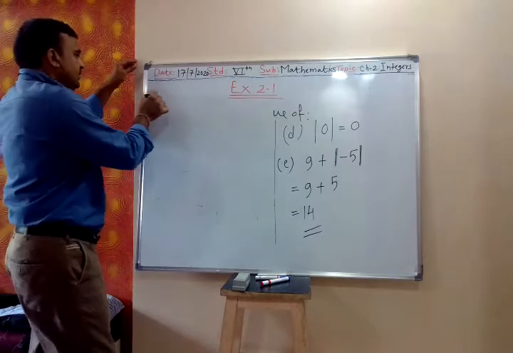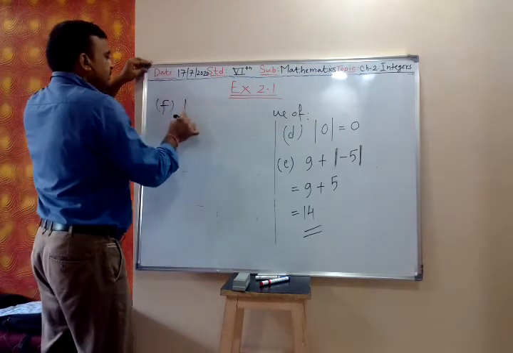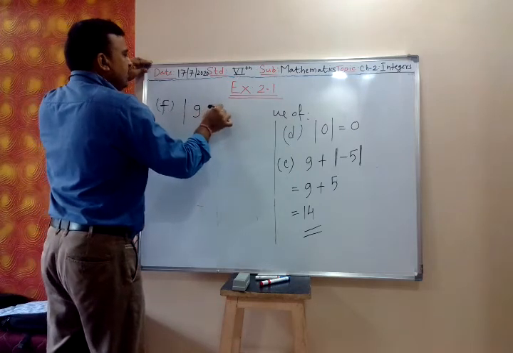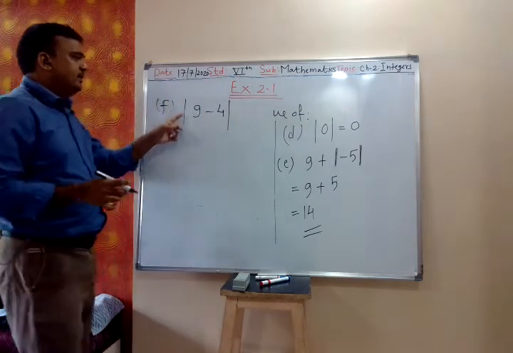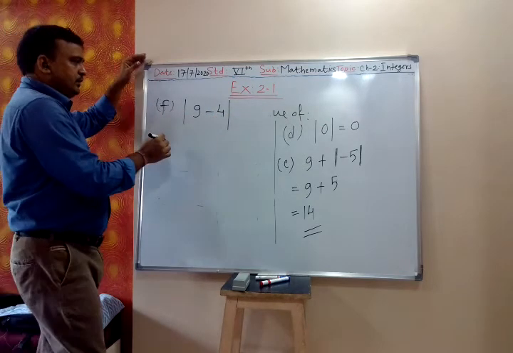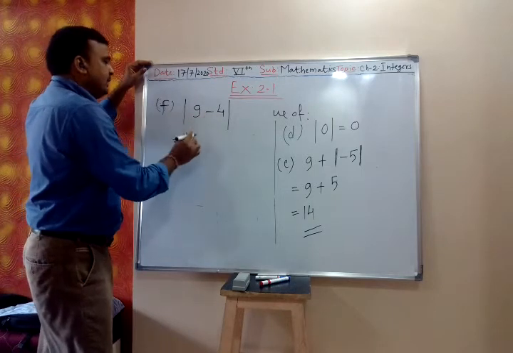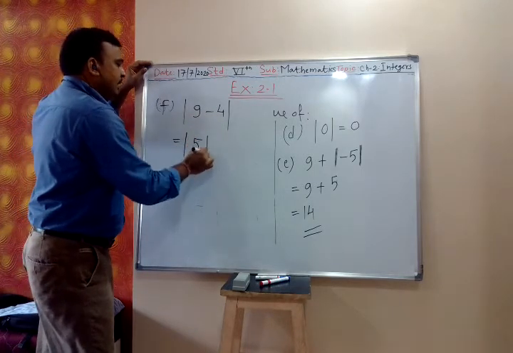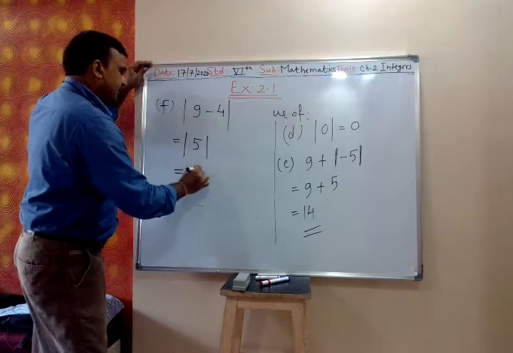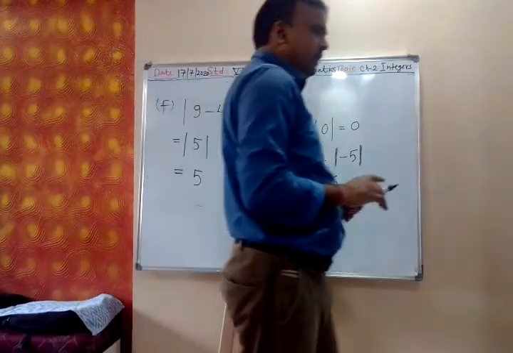Now F: the absolute value of 9 minus 4. Now this bracket you identify, this bracket is absolute value. First we simplify the bracket. 9 minus 4 is 5. The absolute value of 5 will be 5.